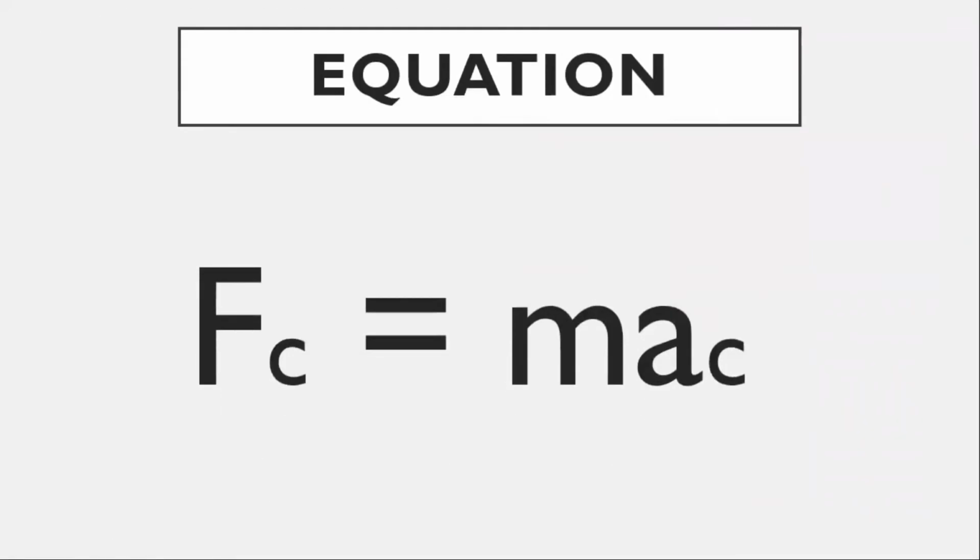To find the centripetal force of the object, you multiply the mass of the object by the centripetal acceleration. Same as the formula to get the force in the law of acceleration, showing acceleration's relationship with force and mass.